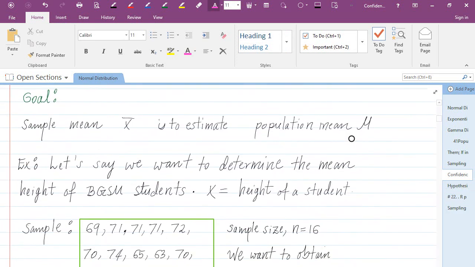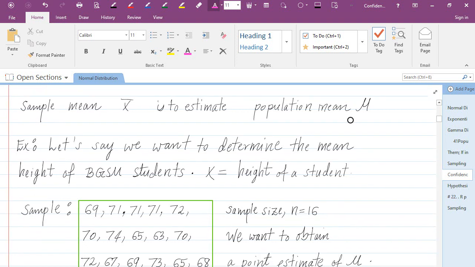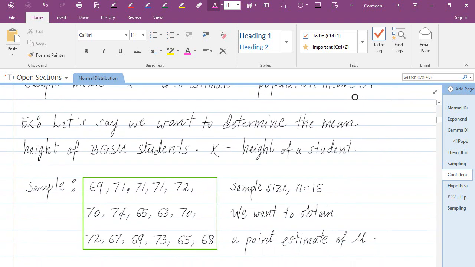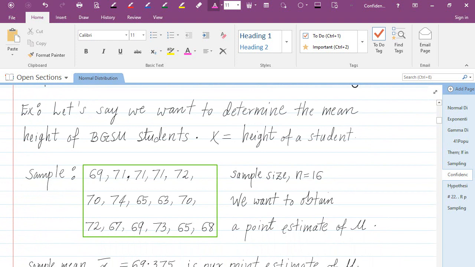The goal of the video is to use the sample mean x bar to estimate the population mean mu. To have an example in mind, let's say that we want to determine the mean height of BGSU students, and let x be the variable that denotes the height of a student.